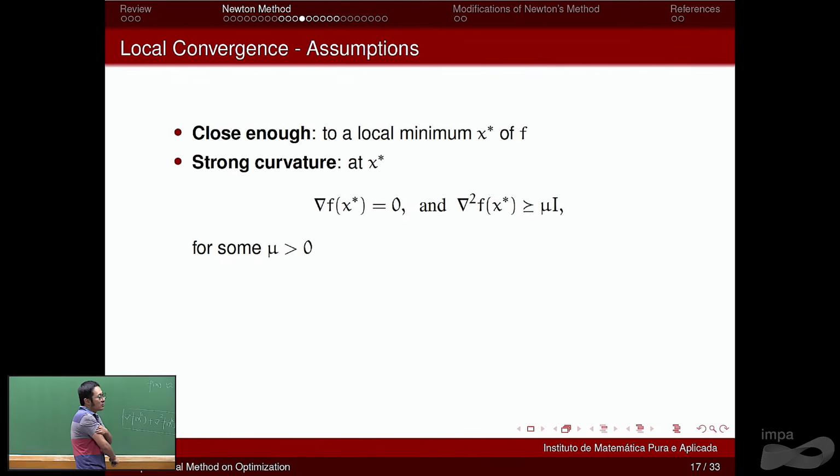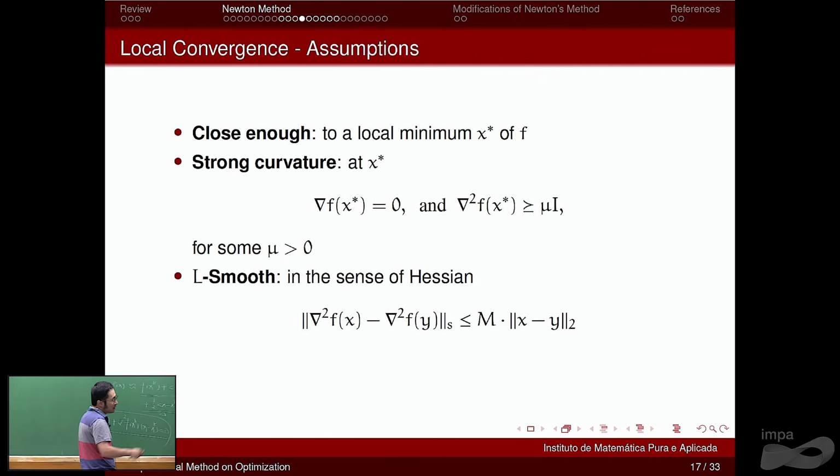At your solution, your gradient should be 0, of course, and the Hessian at the solution should have its minimum eigenvalue greater than 0, which means you have somehow positive curvature.